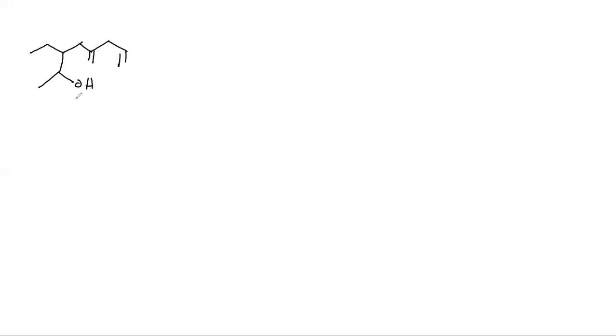The functional group should get the lowest number. If you start giving numbering from here, it will get the highest number. If you give the numbering from here, you will get 2. If you start numbering from this side, 1, 2, 3, 4, 5, 6, 7, you will get a higher number.